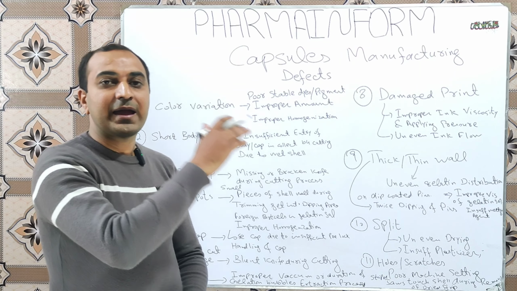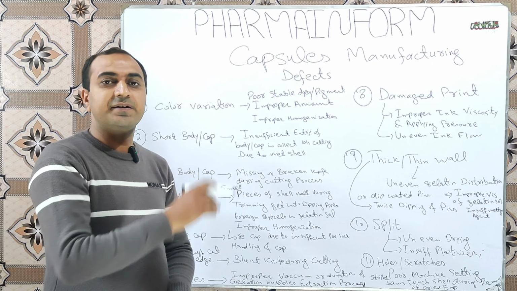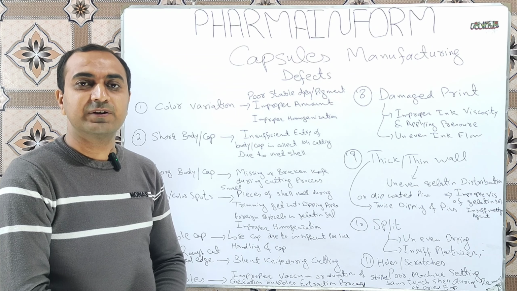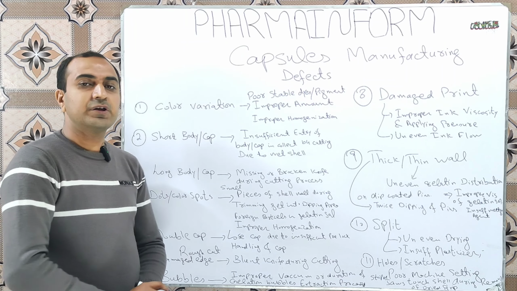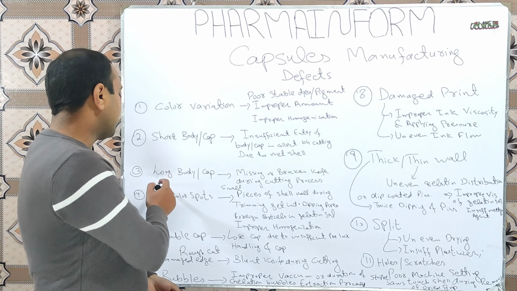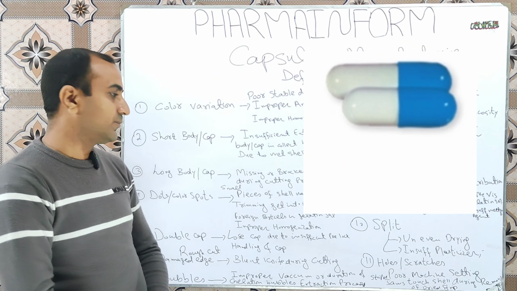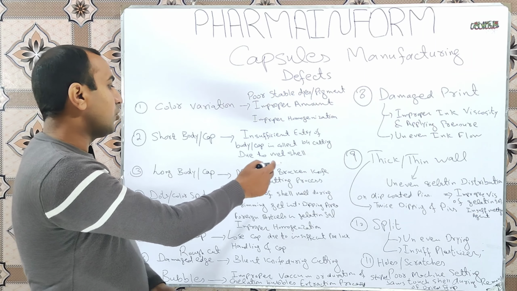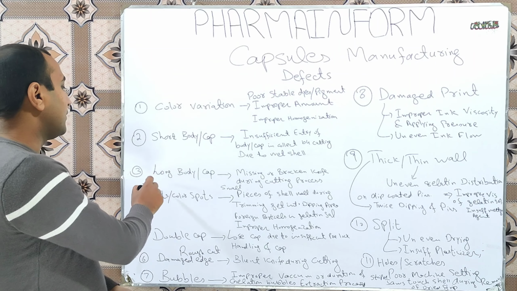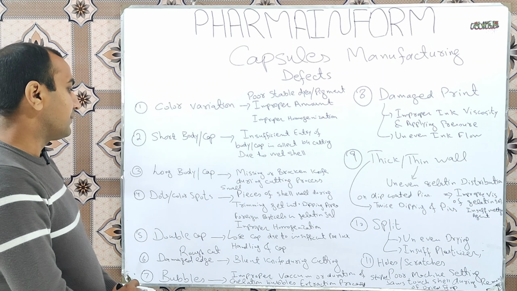If our empty hard gelatin capsule shell body or cap is not properly entered into the collet before cutting, due to the wet shell, it will result in the production of short body or short cap empty hard gelatin capsules. Next one is the long body or long cap hard gelatin capsule. What is the reason? A missing or broken knife during the cutting process may result in the long body or long cap empty hard gelatin capsule shell.